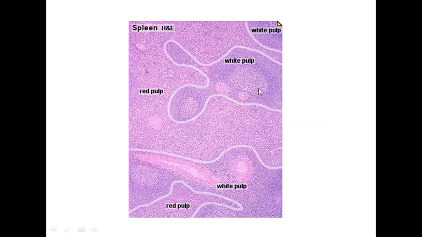We can see the darker stained region, which is the white pulp, along with the lymphatic nodules. And this is the lighter stained zone. This is the red pulp. It stains always lighter in H&E staining as compared to white pulp, right? And this white is the marginal zone. ये marginal zone हमें दिख रहा है. The marginal zone is actually the demarcation, or you can say the border between the red and white pulp, right?